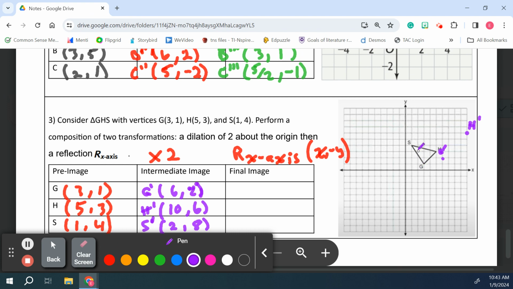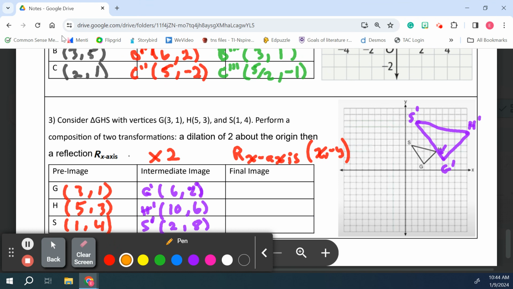And then 1, 2, 3, 4, 5, 6, 7, 8. So there's S prime. Okay, so there's that graph. Right there. All right, now the next part is that reflection.